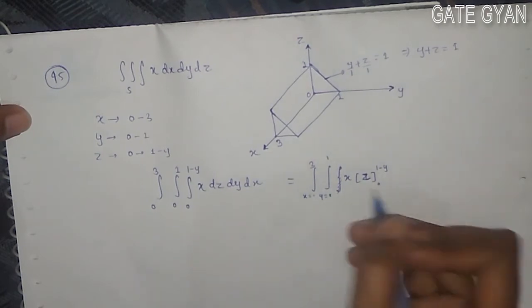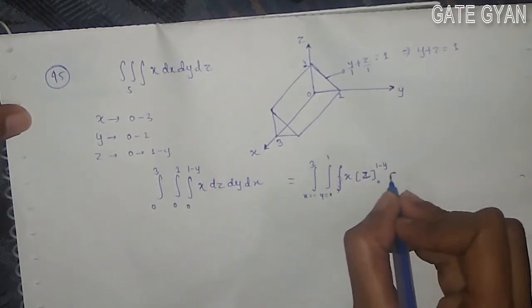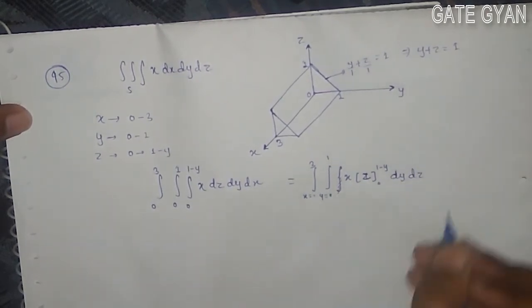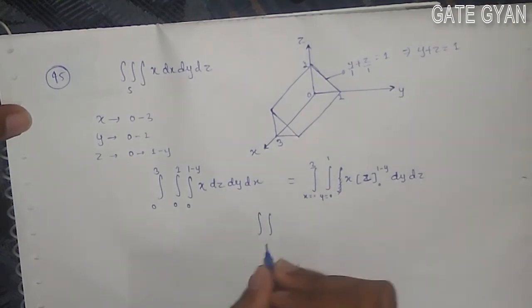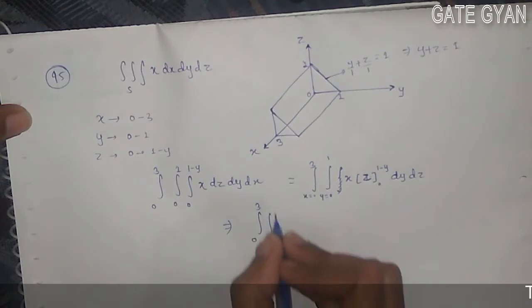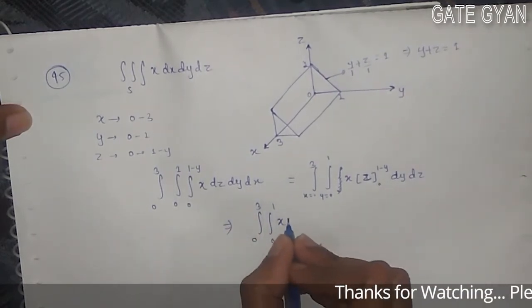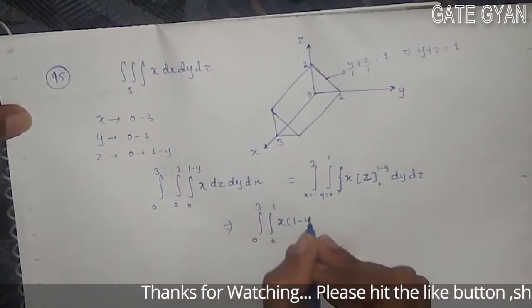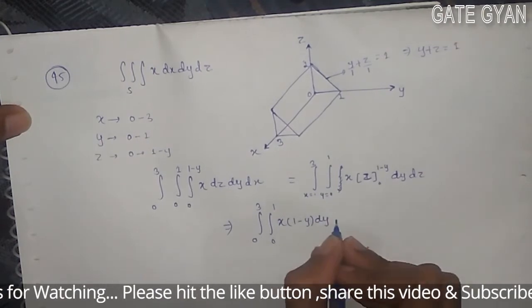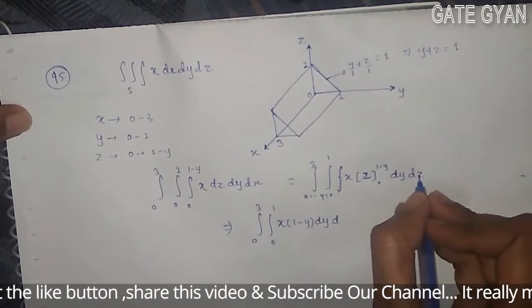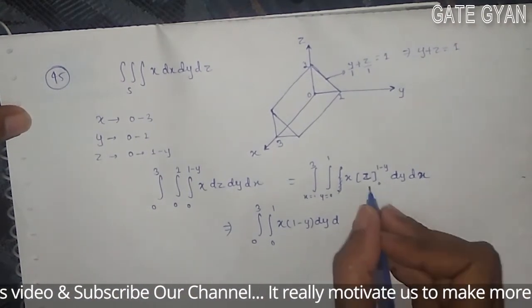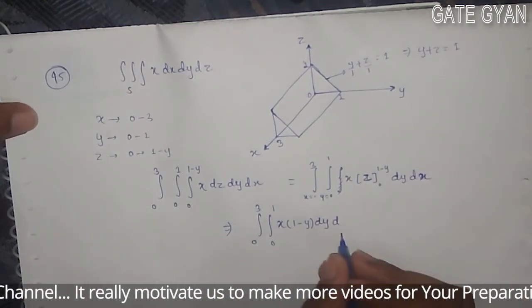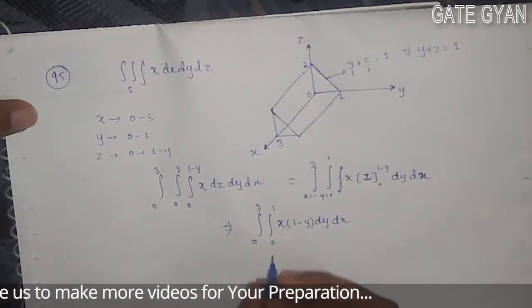This limit will no more be there. So how it is going to be like 0 to 3, 0 to 1, x into 1 minus y dy, dx will be here since we have integrated dz, dy and dx.